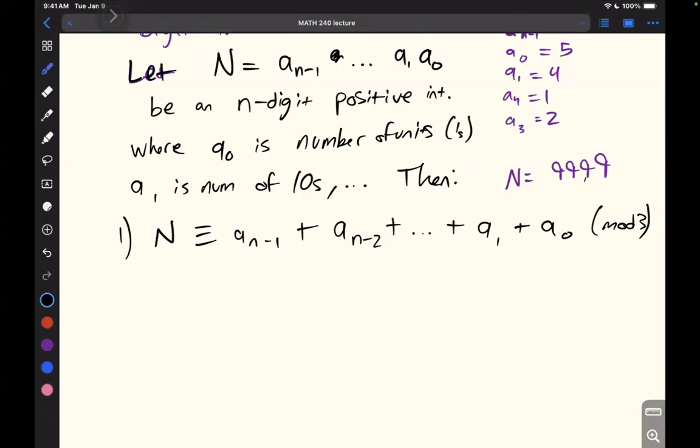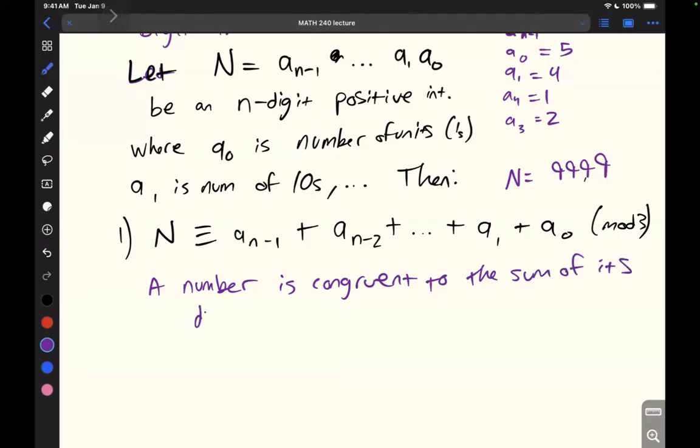This statement is saying, in plain words, that a number is congruent to the sum of its digits mod 3, which is also saying that for 3, we've got 3 options, 0, 1, and 2, right?